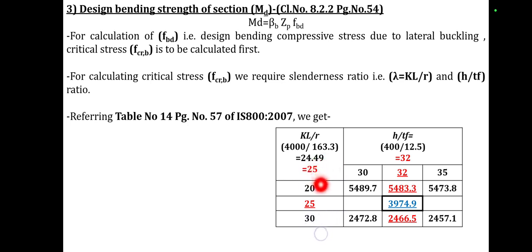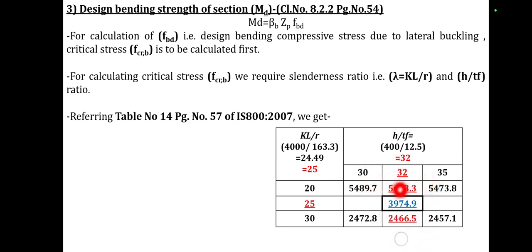We are converting it to 25 for our simplicity. Then we have to calculate the H upon TF. H upon TF is 32, and this 25, that is KL upon R, lies between 20 and 30.